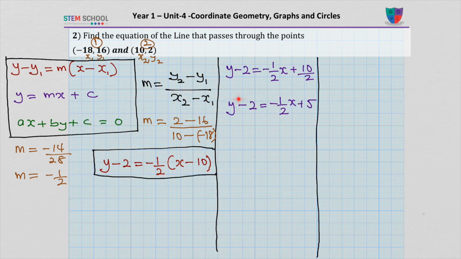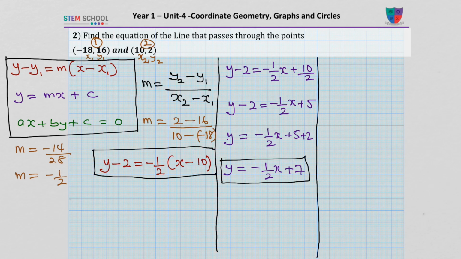Now I need to move minus 2 to the right, so I get minus a half x plus 5 plus 2. Now y equals minus a half x plus 7, where minus a half is the gradient m, and the c is the intercept on the y-axis. So that's the form y equals mx plus c.